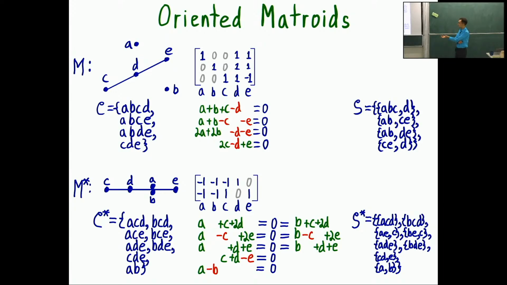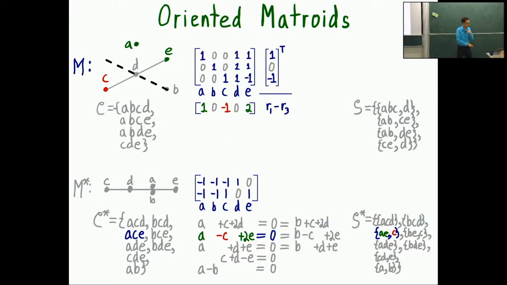I can do the same thing as before, consider the signs in each linear dependency and bipartition each of my co-circuits with regards to these signs. And this also has a nice geometric interpretation.